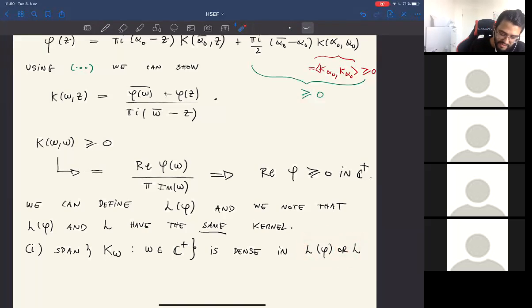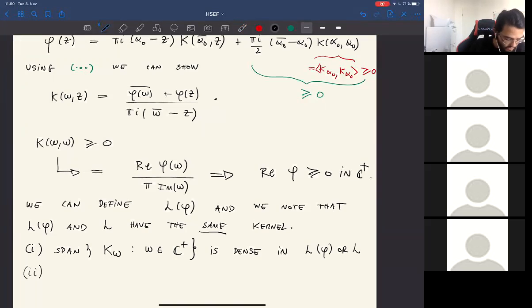Because you can represent any function as an inner product against k_w, f(w) is the inner product against k_w. So if you assume that this thing is not dense, that would imply that there is a function in the space such that the inner product against every k_w is zero. So therefore the function has to be zero. Okay, so that's why it's dense.